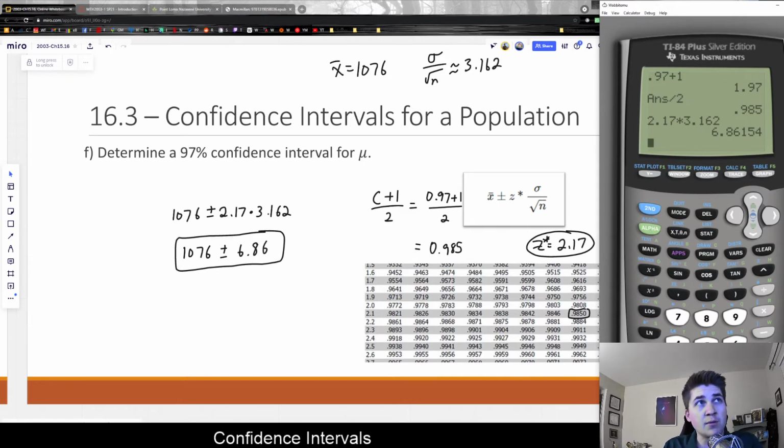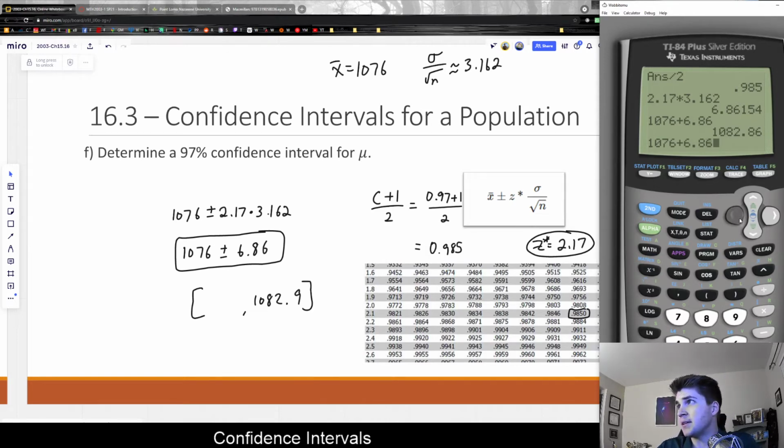And our confidence interval, we could write it that way, or we could express it using interval notation. Let's go ahead and do that, which would be about 1082.9, and the lesser end would be the same thing but subtracted, which would be 1069.1. And so now we've finished all that.